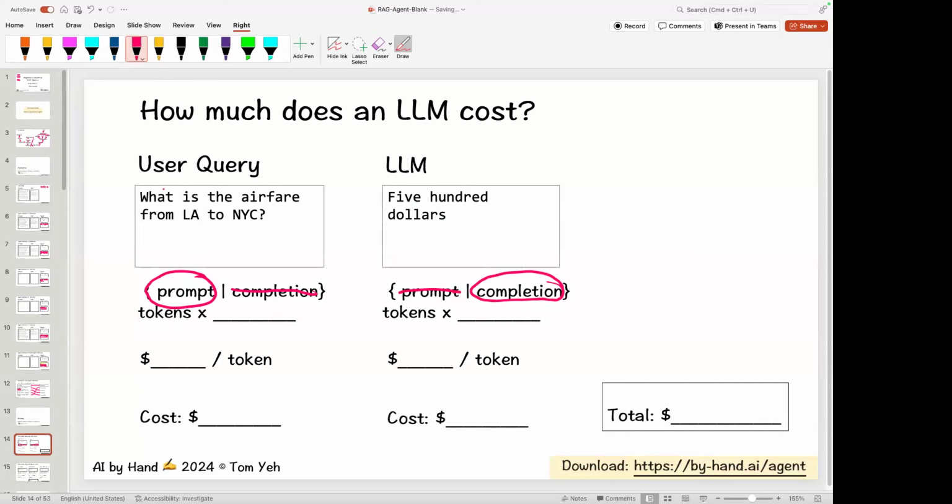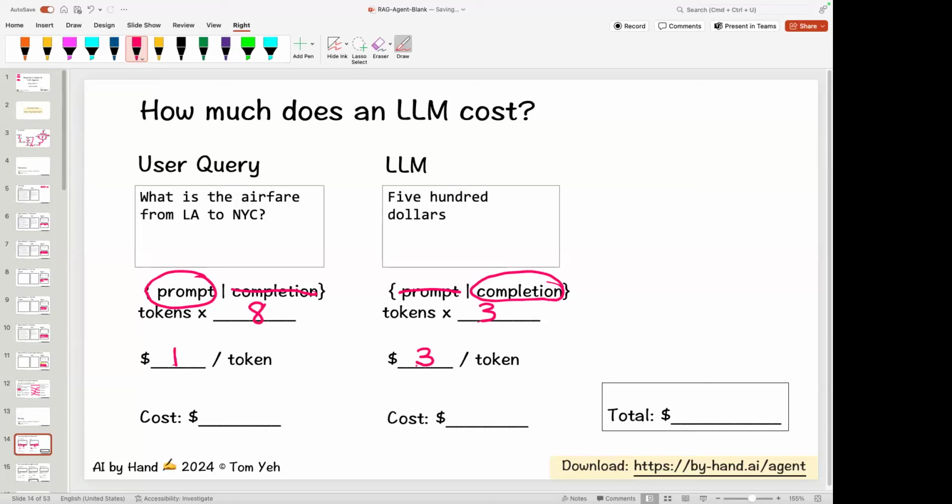We count prompt tokens: 1, 2, 3, 4, 5, 6, 7, 8, about 8 words, so roughly 8 tokens. And for the completion, 3 tokens. Typically, let's say a prompt token is $1 and a completion token tends to be 3 times as much. It represents the computational complexity involved.